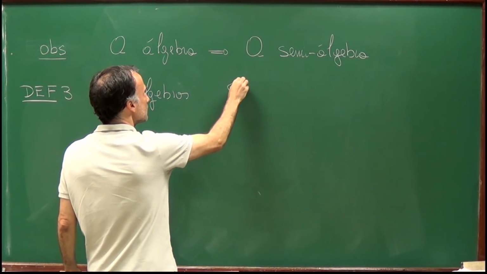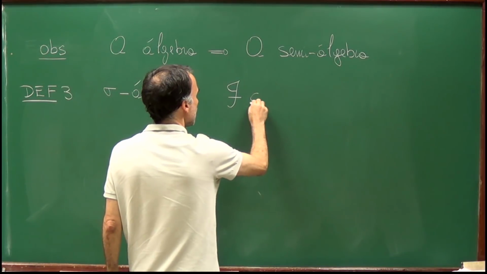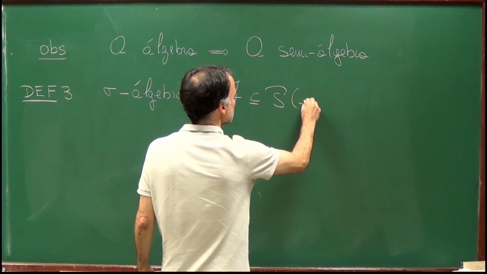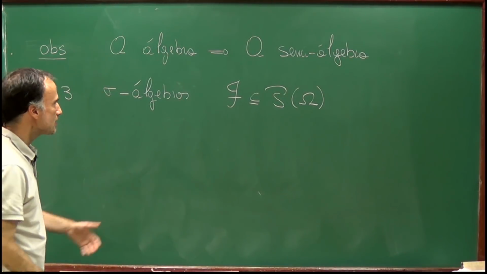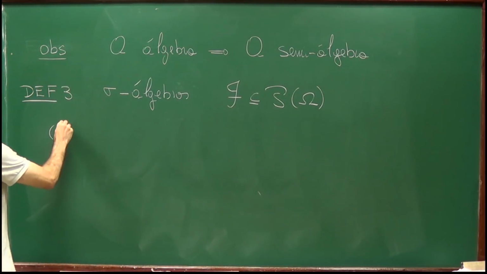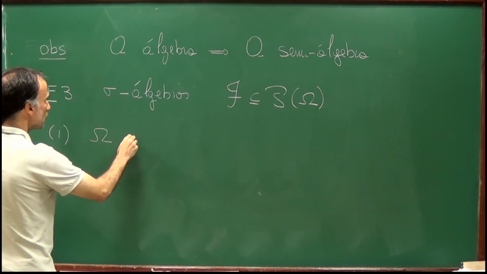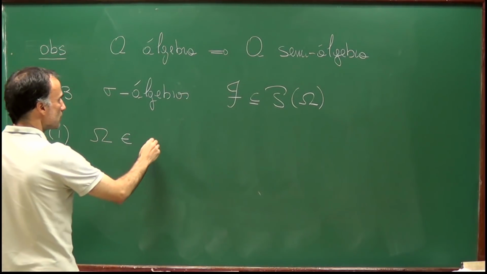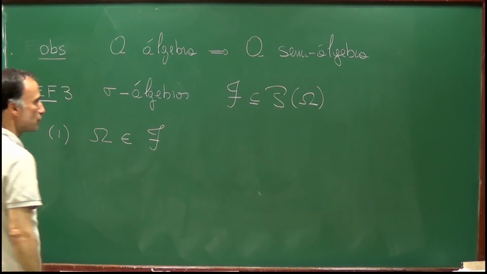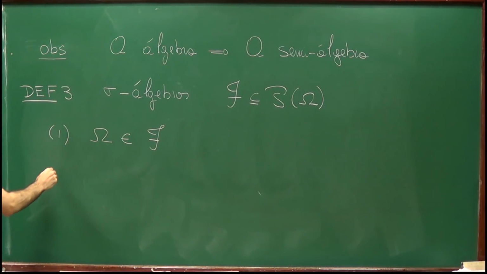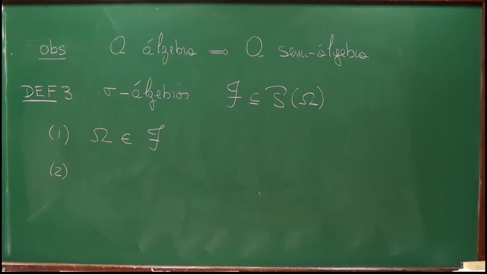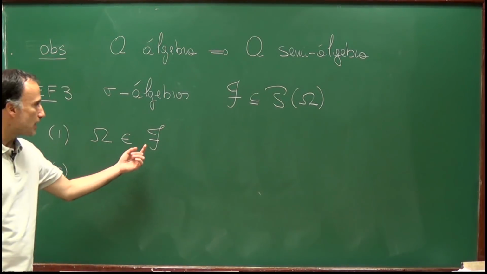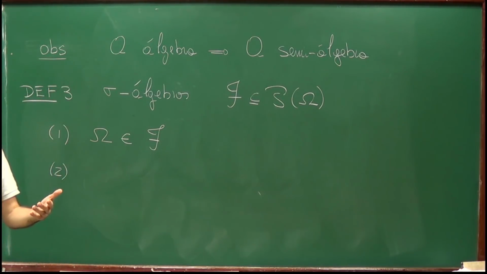So I will say that a family F of subsets of a set omega is a sigma-algebra if it has the following three properties. Again, we will require that omega belongs to the family, but instead of requiring the set F to be closed under finite intersection, we will now require F to be closed under countable intersection.